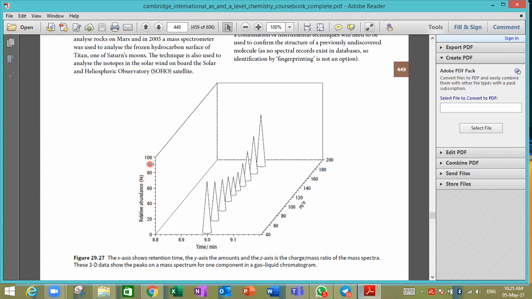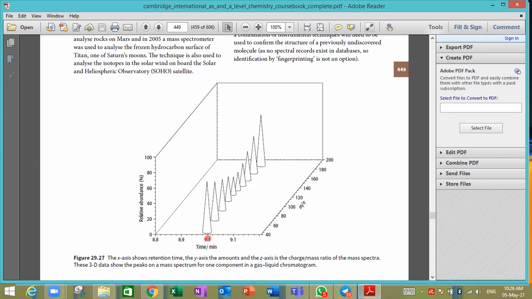Now, this is the retention time by which our compound came out from the GLC or the HPLC. The retention time was 9 minutes, for example, for a certain compound. So as soon as it comes out from the GLC, it enters the mass spectrometer.